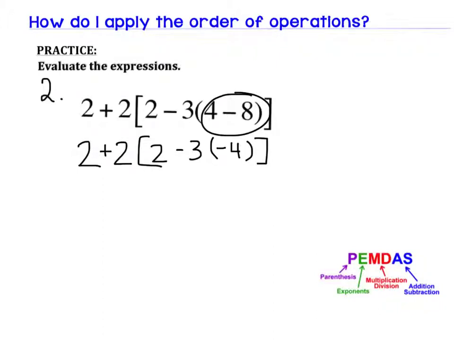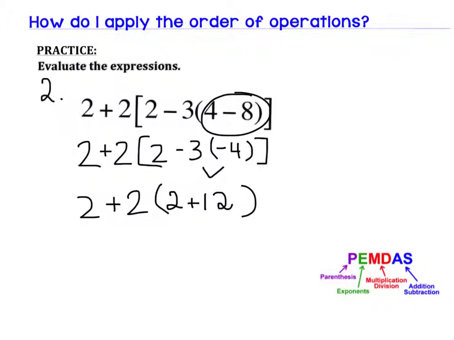All right, so now I still have stuff inside my parentheses. And so I need to look at, do I have any exponents? No. Do I have any multiplication or division? Well, yeah. Whenever you have a number right next to a parenthesis, remember that means to multiply. So I've got negative 3 times negative 4. That's going to give me a positive 12. So when I go and rewrite this, I'm going to have 2 plus 12. And I'm going to rewrite the parentheses here again.